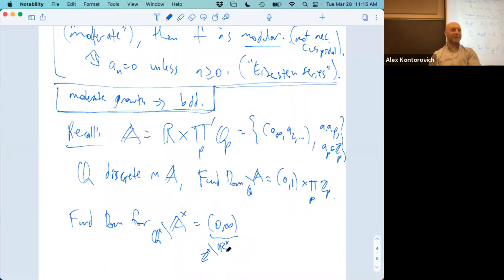R cross is the non-zero numbers, and so up to that you can make them positive, for example, cross a product over all primes of Z_p cross, the p-adic units in each place.